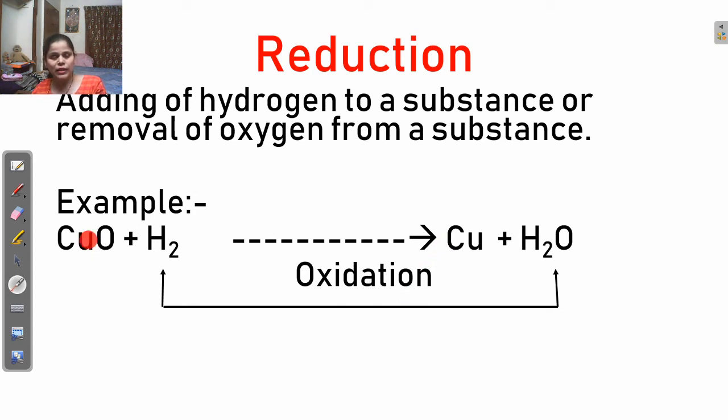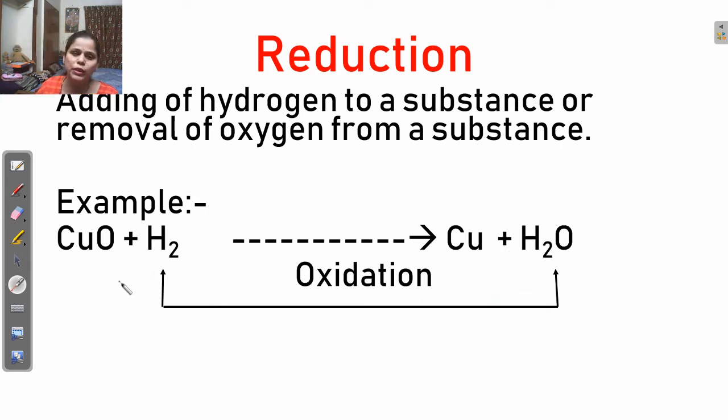That means here is removal of the oxygen, and only Cu is left, so this is a reduction. Removal of the oxygen is a reduction, and adding of the oxygen is an oxidation.